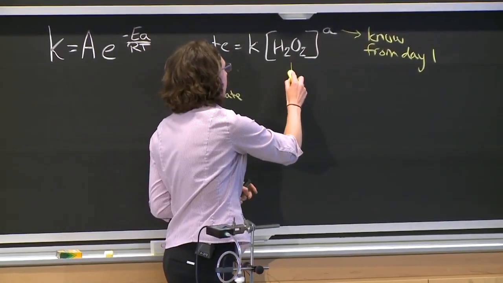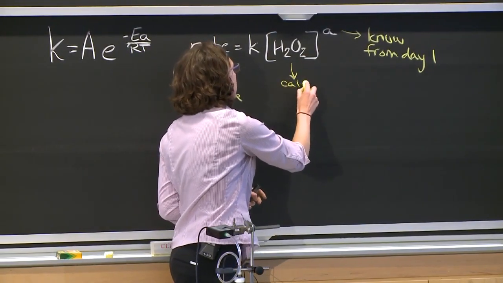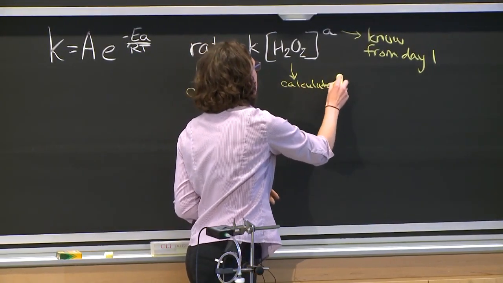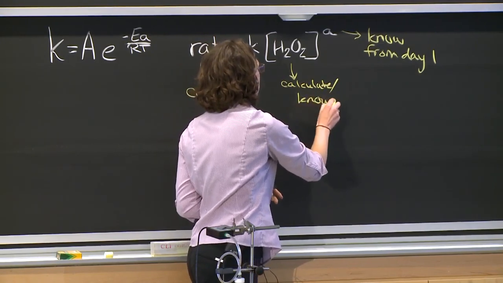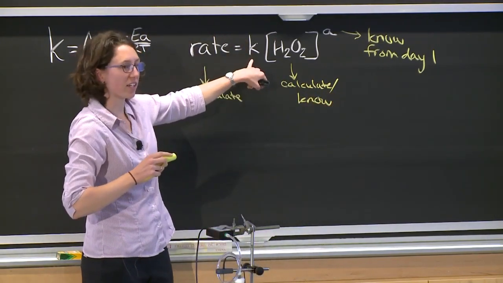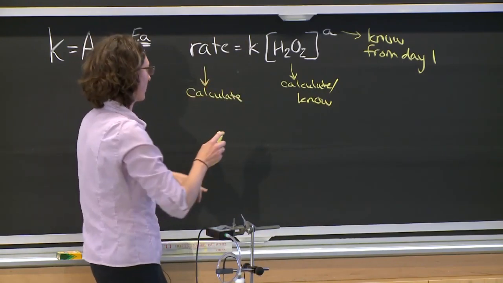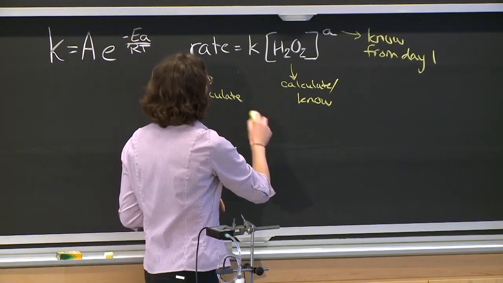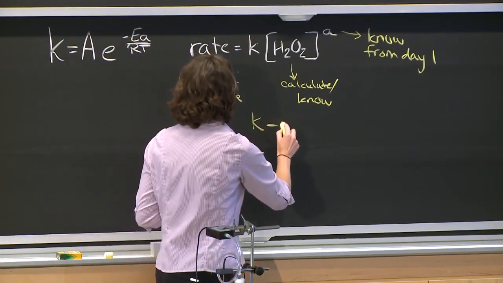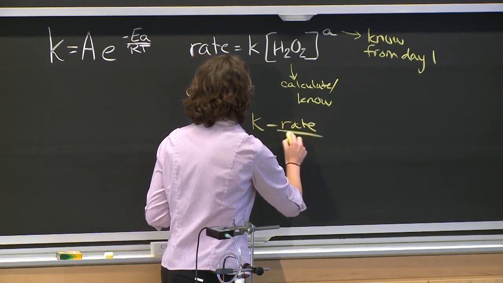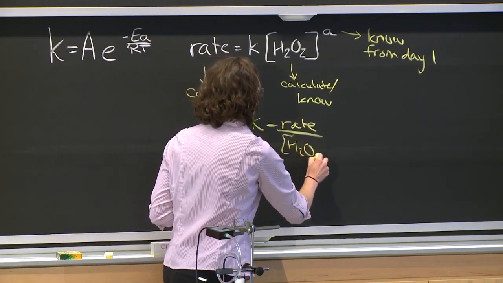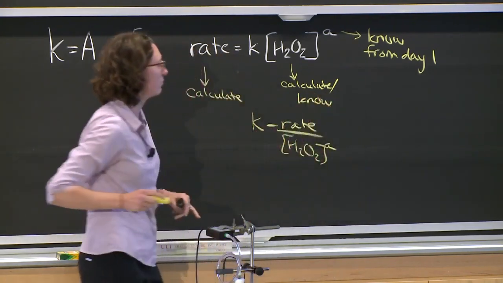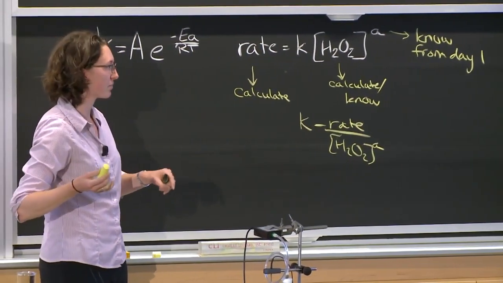And then we measure this in the lab, or we can calculate or measure this. So we can calculate our rate constant, which is, if you just rearrange this, K equals. So that's not so bad.